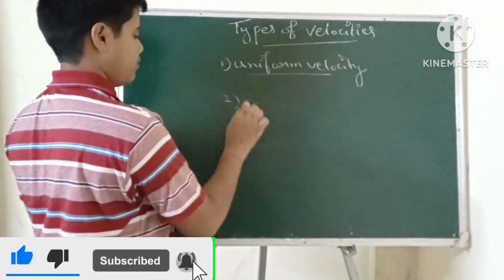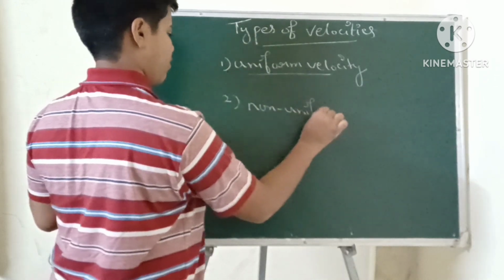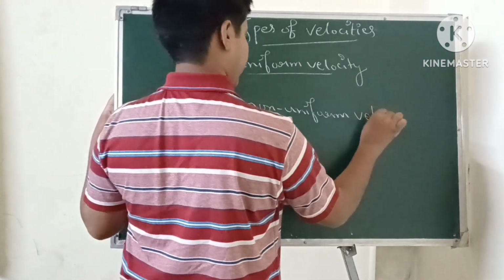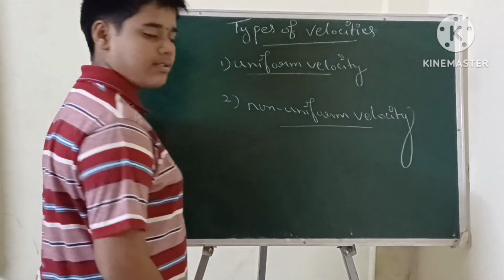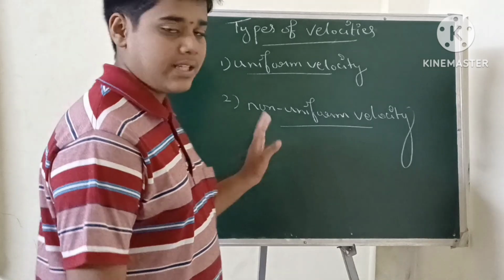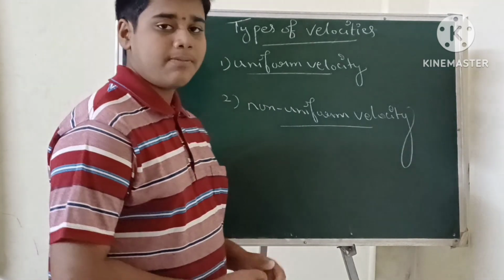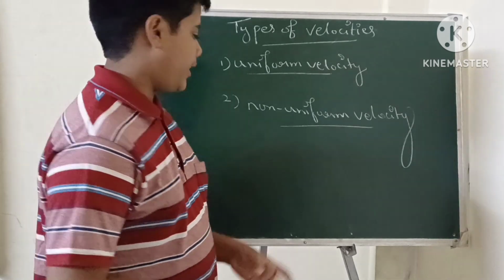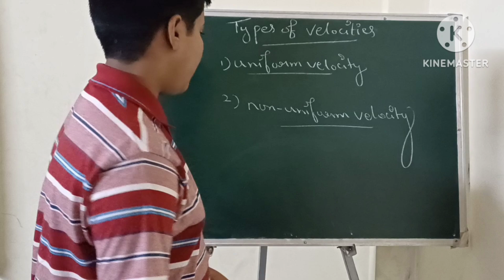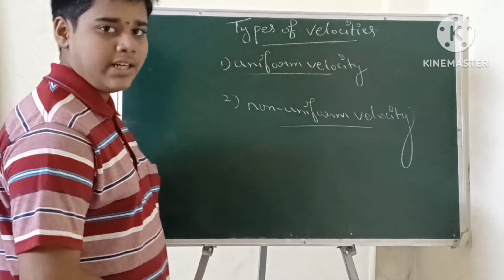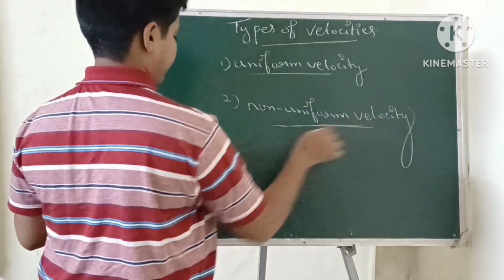And second one, non-uniform velocity. Non-uniform velocity means unequal displacements in unequal interval of time, unequal displacements in equal interval of time, and equal displacements in unequal interval of time. So these are three non-uniform velocity definitions.